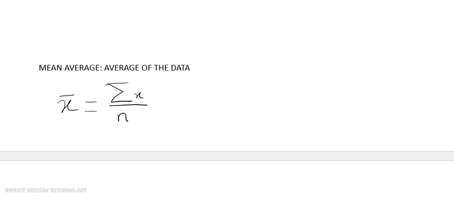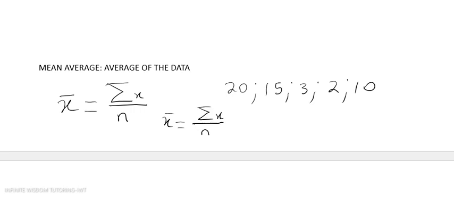So if I was having marks of 5 learners out of 20, having 20, having 15, having 3, having 2, and having 10, when I want to find the mean, I will simply say the mean of the data equals the sum of all the data all over how many numbers are there in the data.